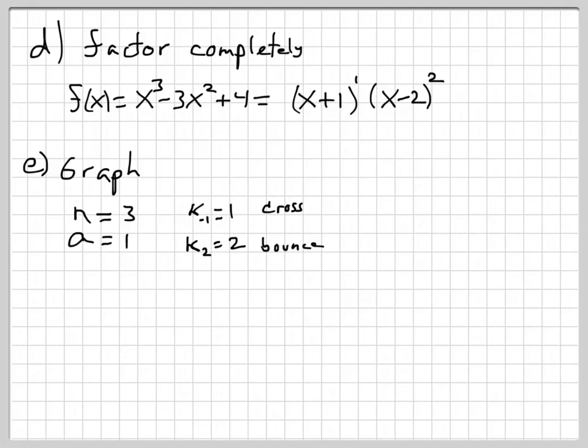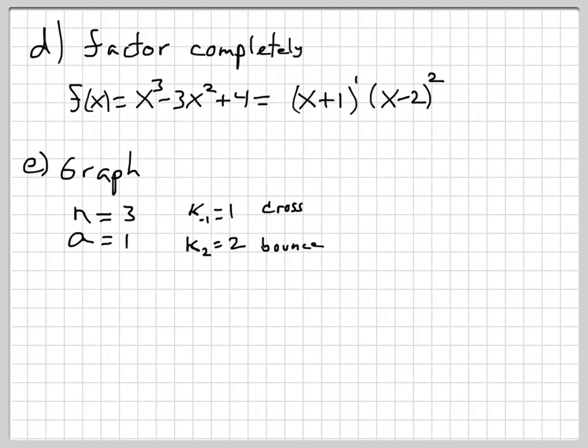And what k is, is the exponent on the individual parentheses. So the parentheses at -1 has an exponent of 1, and the parentheses that gives me a solution of 2 has an exponent of 2.